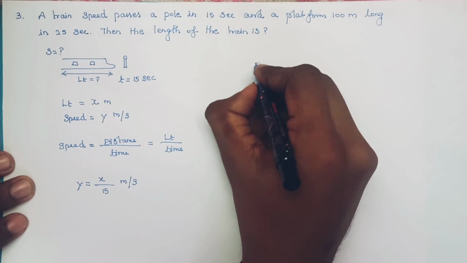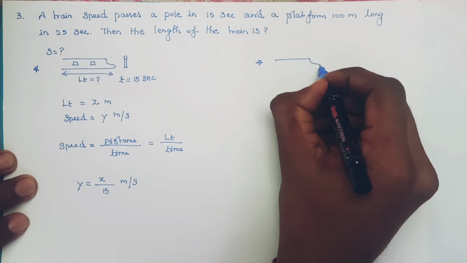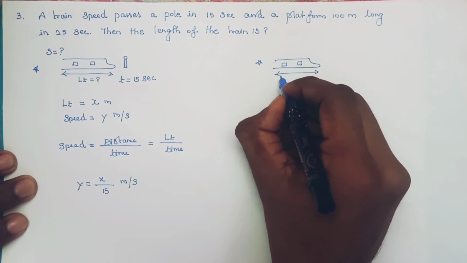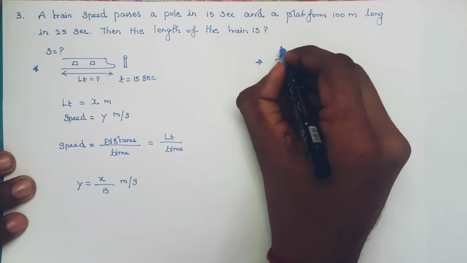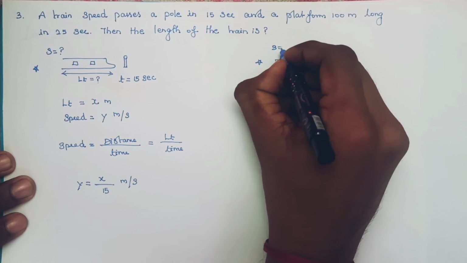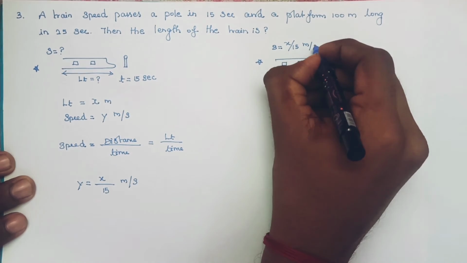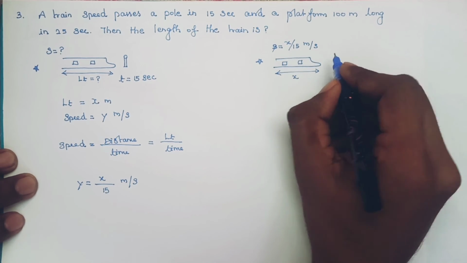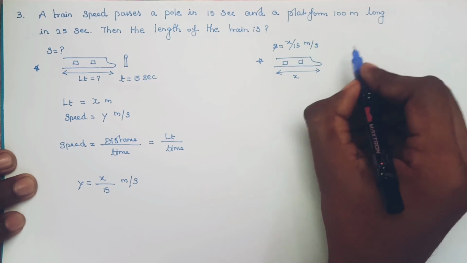Just apply these into the line method. Here the train having the length x, with speed x by y, that is x by 15 meter per second, passes a platform 100 meter long in 25 seconds.